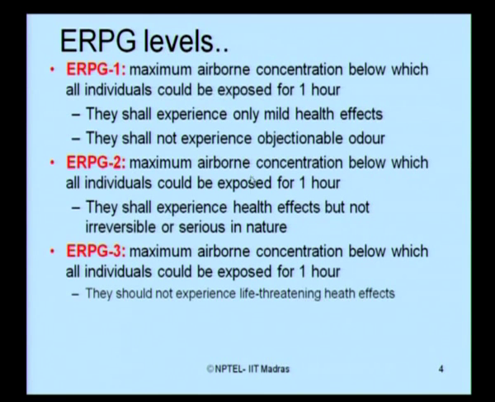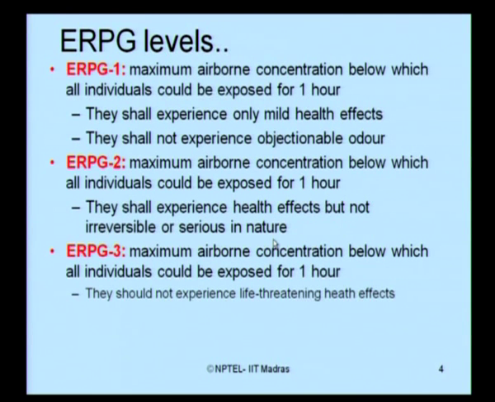Subsequently, if you have an airborne concentration below which you are exposing every individual to a maximum period of 1 hour, but they shall experience health effects that are not irreversible or serious in nature. So, the people who will be exposed to such airborne concentration for a maximum period of 1 hour will experience certain health effects, but those effects will not be serious.